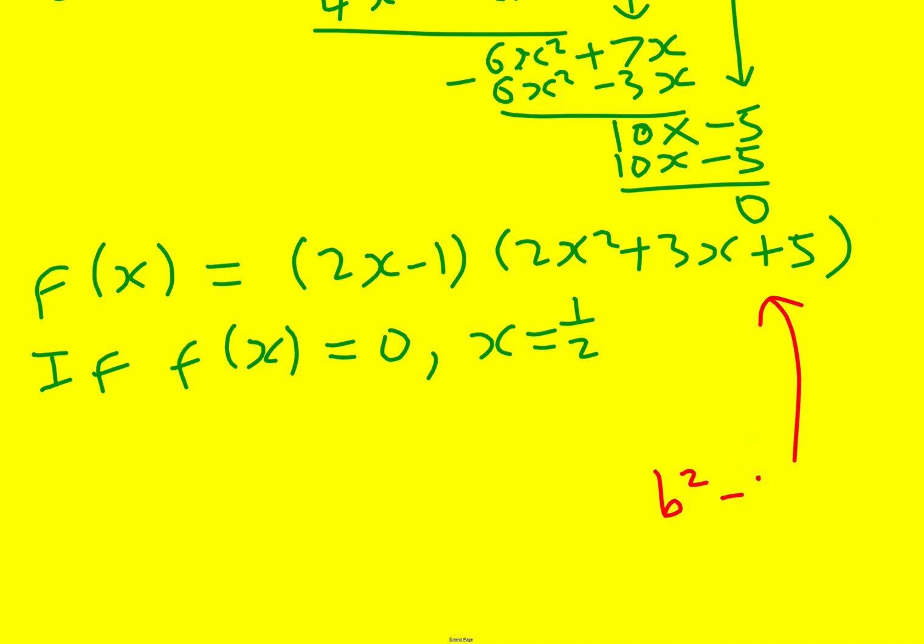B squared minus 4ac here is going to equal 9 minus 4 times 2 times 5, which is 40. And so this is going to be less than 0. So no solutions.